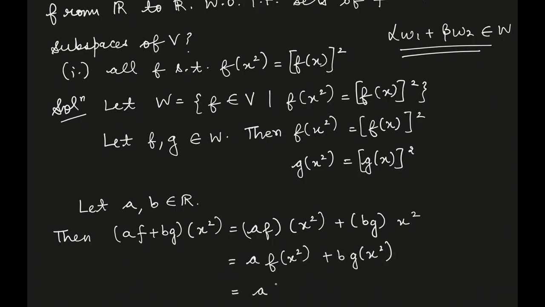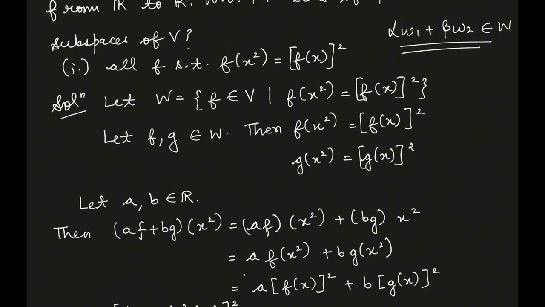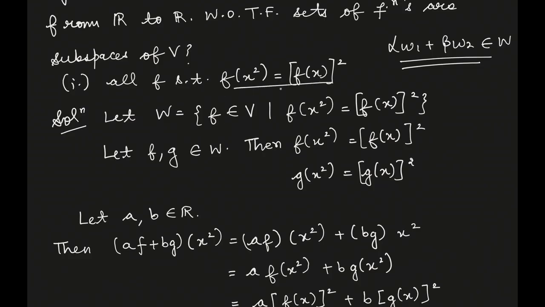This will be a f(x) square plus b g(x) square. Also ((af plus bg)(x)) square, because this condition should be satisfied.